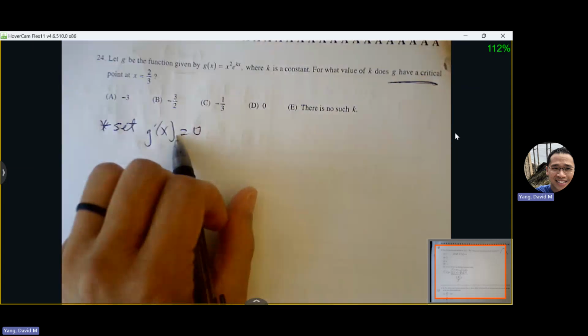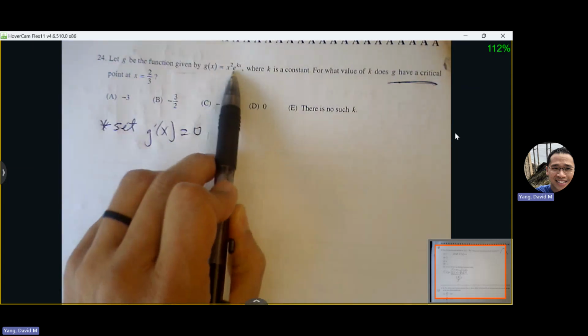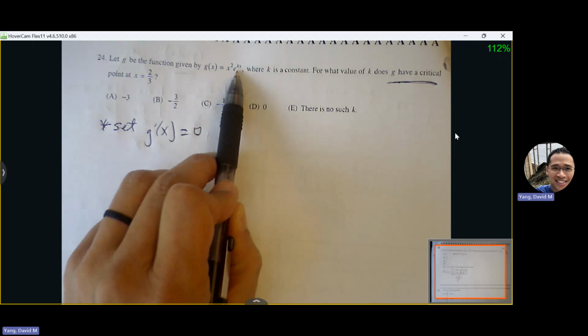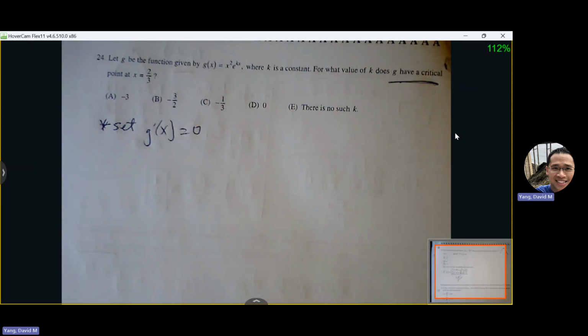So if I want to find g prime, I have to decide what derivative rule to go through. There's product and a little bit of chain, because that e to the kx is like e to the 4x. I have e to the u times u prime for that.